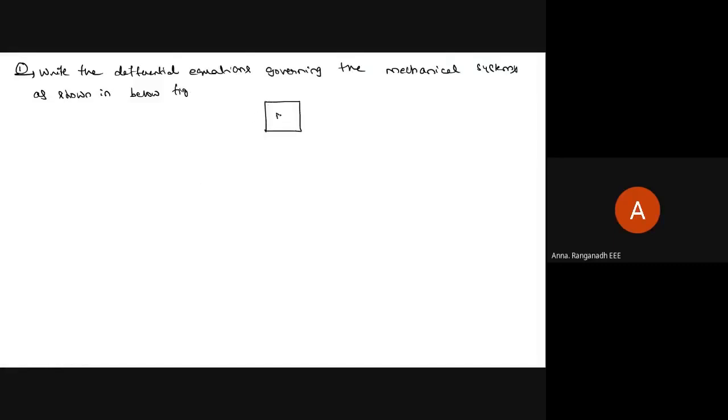So M1, M2, here common elements are K1, dashpot B12, here also one more dashpot, which is K2.